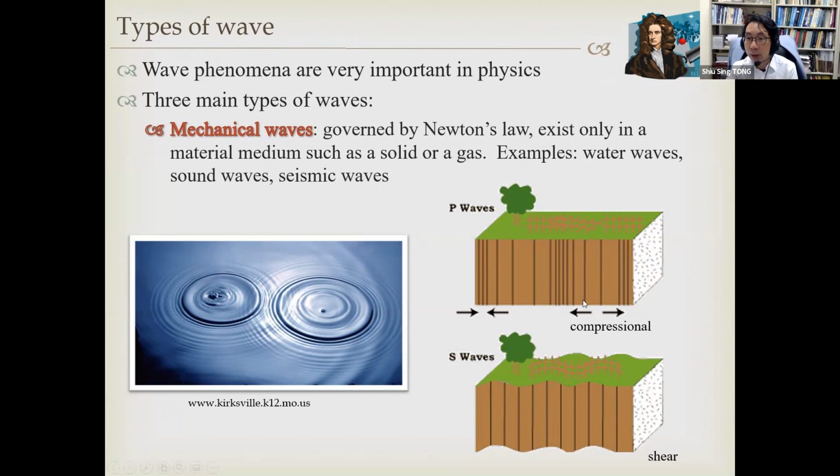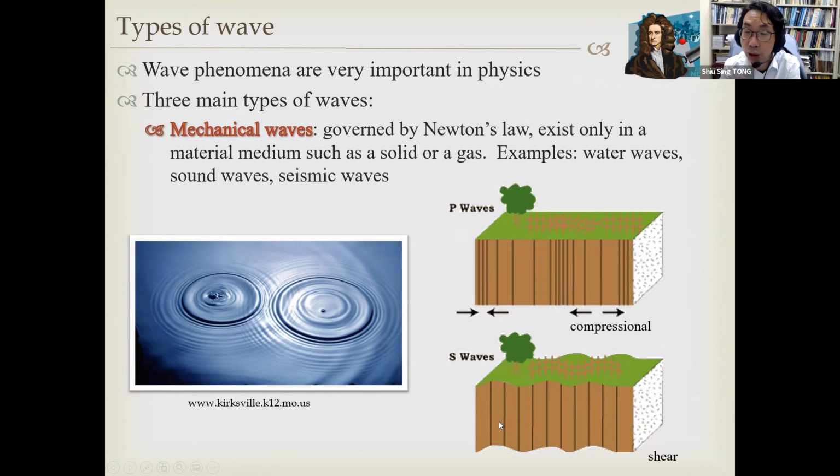Okay, and there are actually at least two kinds of seismic waves. The first kind is called P waves. A P wave is just a longitudinal vibration. It's a compression and rarefaction. And for seismic waves, you also have transverse waves known as S waves.